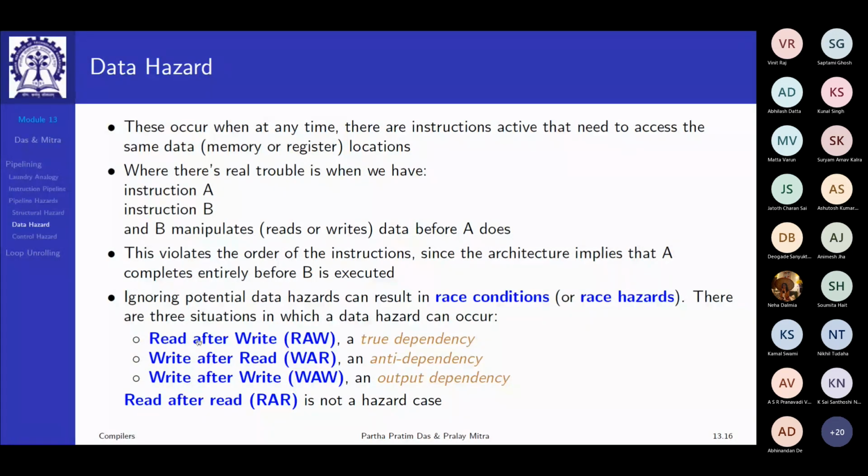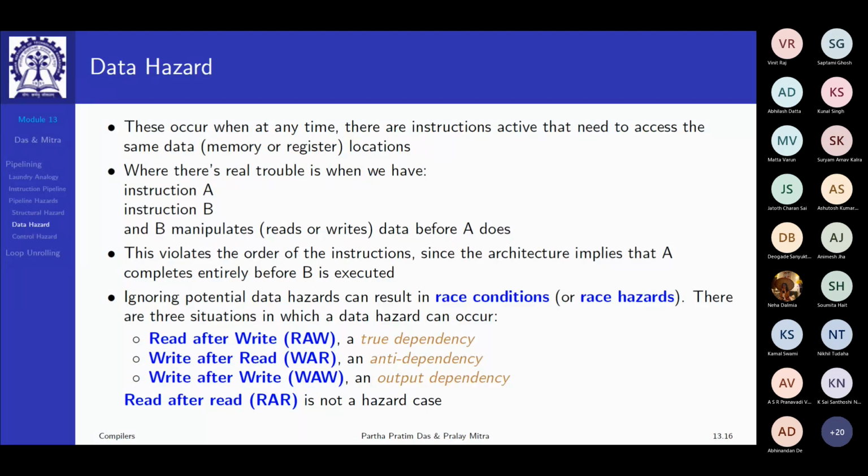The first is read after write. You have a dependency that A has to write something which B will read. So B must read after A writes, which is a true data dependency. Or you could have a write after read. A is reading something and B will write to that. The violation here is if B writes before A has read, then A will read something wrong.